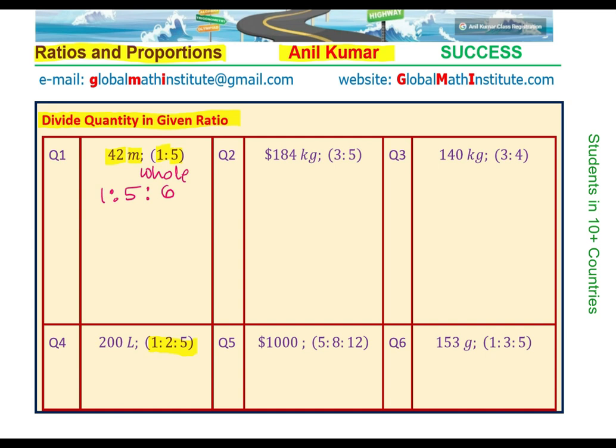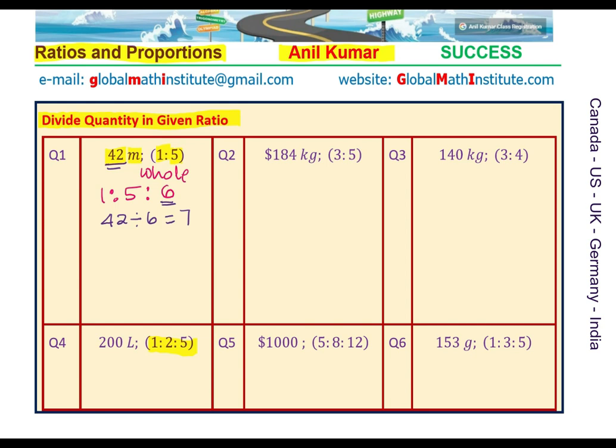So now focus on these two terms: when we add, we get 6, and the number given to us is 42. Clearly, 42 divided by 6 is 7. So each part is 7.